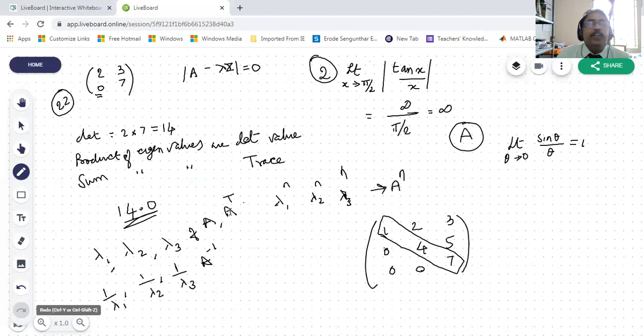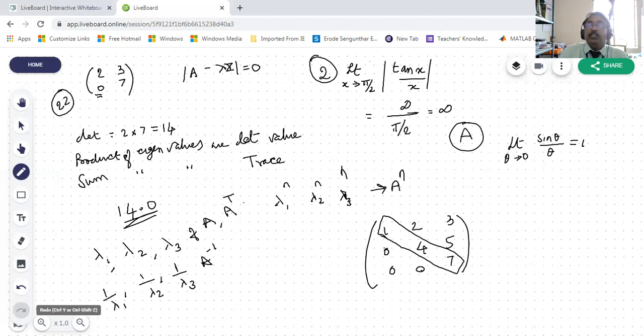A system of n homogeneous linear equations containing n unknowns will have a non-trivial solution if and only if the determinant of the coefficient matrix is 0. What do you call homogeneous? N homogeneous linear equations containing n unknowns.